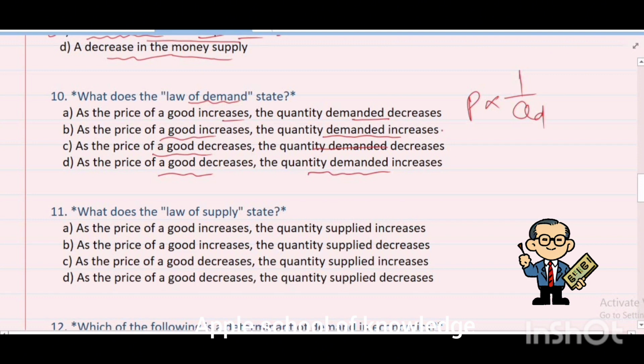So the first option, the price of the good increases and the quantity demanded decreases, is the correct one. As the price of the good increases, people will demand less quantity. So for MCQ 10, option A is the correct one.